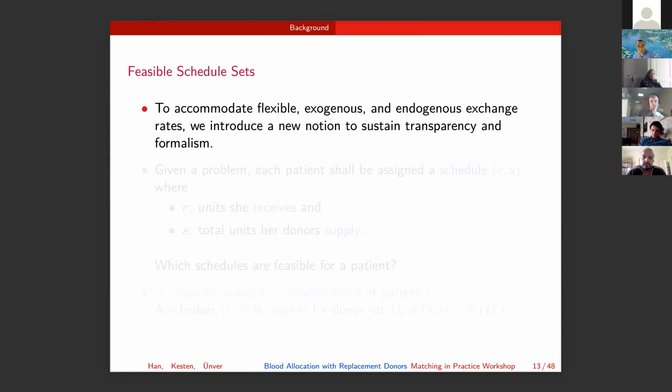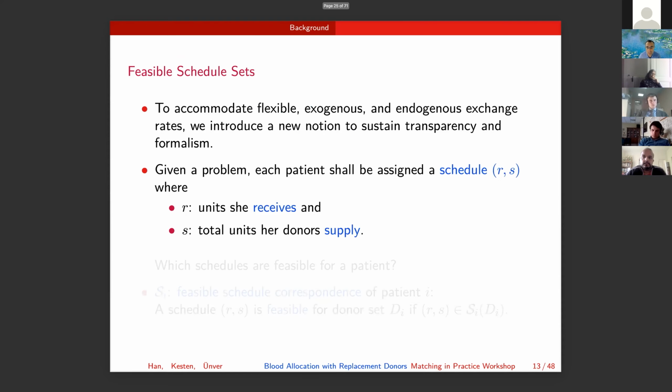So to accommodate that, we are going to talk about feasible schedule sets. What does this mean? First, let me explain. In this world, a schedule is defined as (R, S). Here, R is the units the patient receives, and S is the total units her donors supply. So S is practically the number of donors because we normalize every donor donating 1 unit.